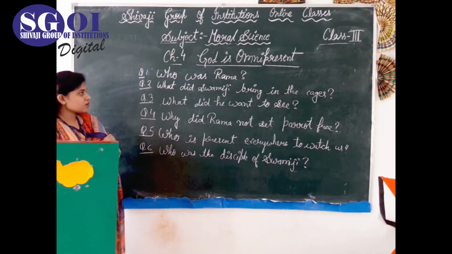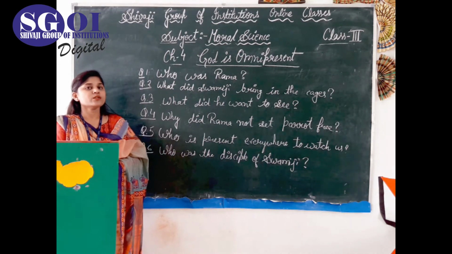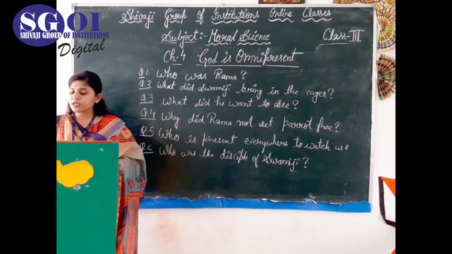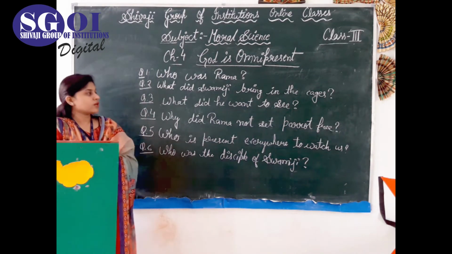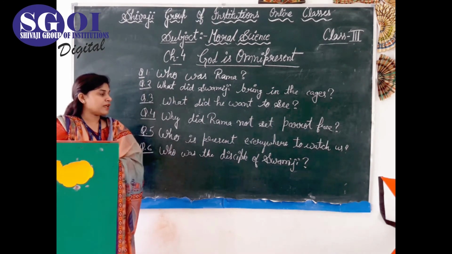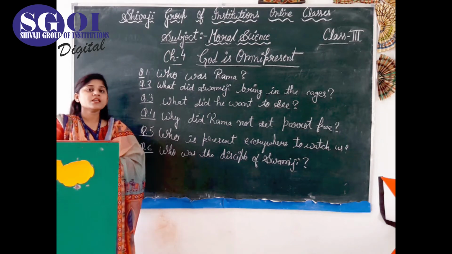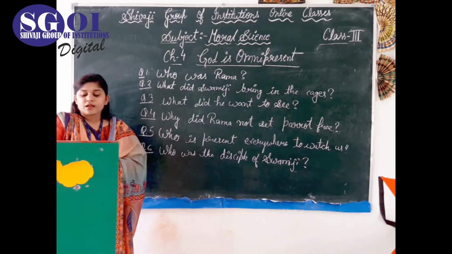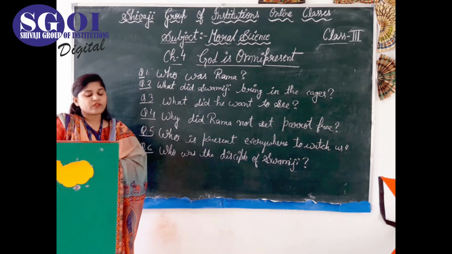Question number 3 is, what did he want to see? He wanted to see the impact of teaching on all the students. Question number 4 is, why did Rama not set parrot free? Rama did not set the parrot free because he felt that all his moments were watched by someone.